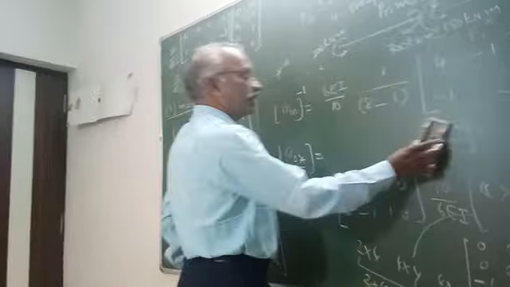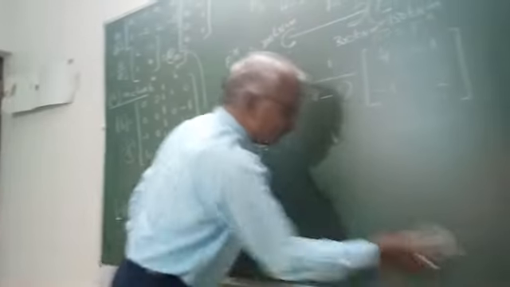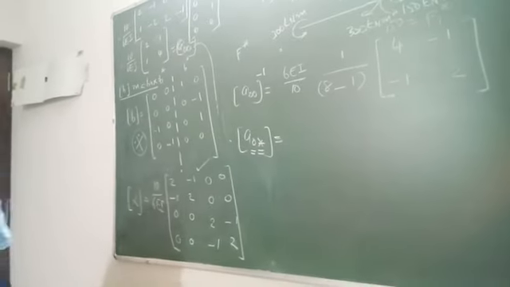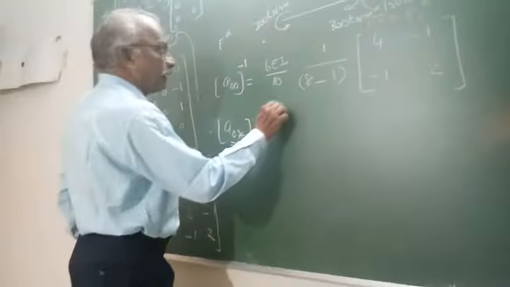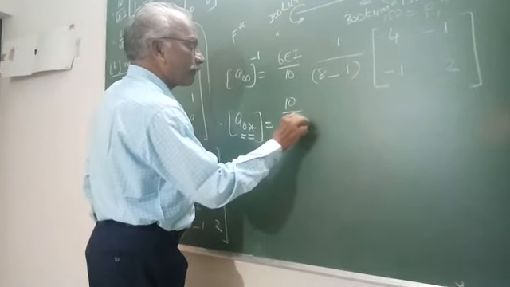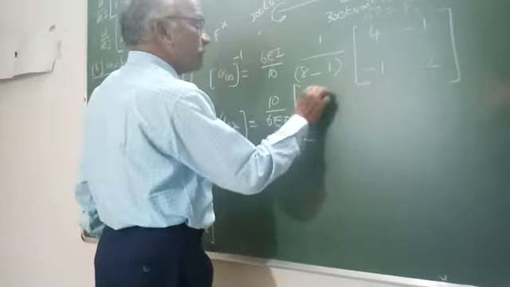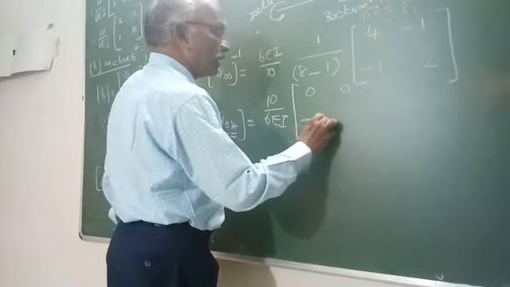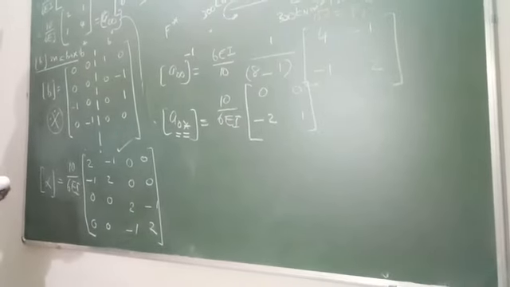So multiplying these things, we will get A naught star equal to 10 by 6EI. After multiplying, you will be getting 0 0 0 0 minus 2 1. That is the A naught star matrix.